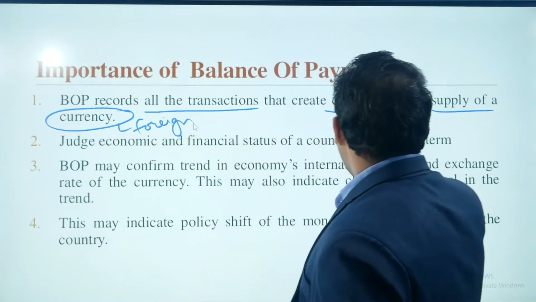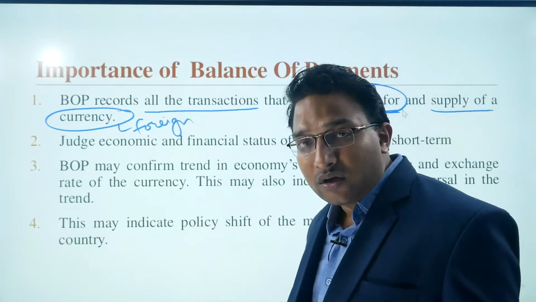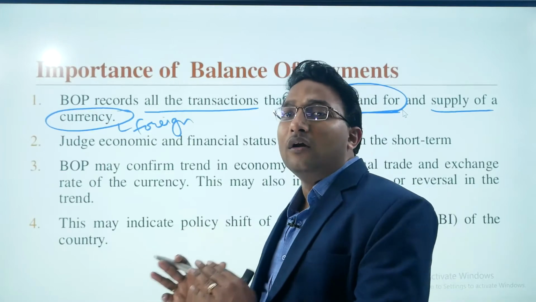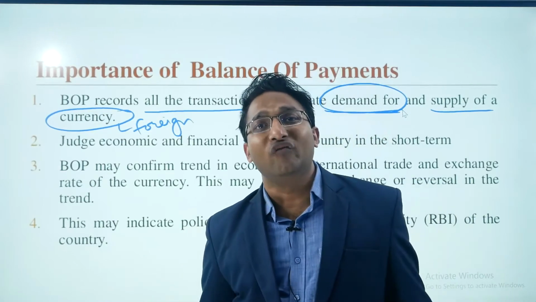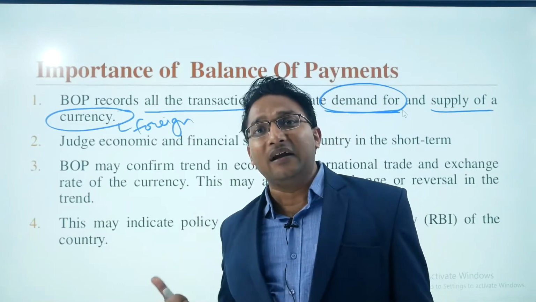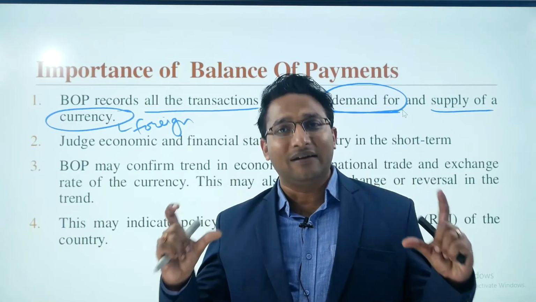The demand for foreign currency arises because of the import. If we know how much the import is, we can plan how much currency we need in the next 1 year. Here I would like to take an example of the 1991 BOP crisis. In 1991 there was a balance of payment crisis.